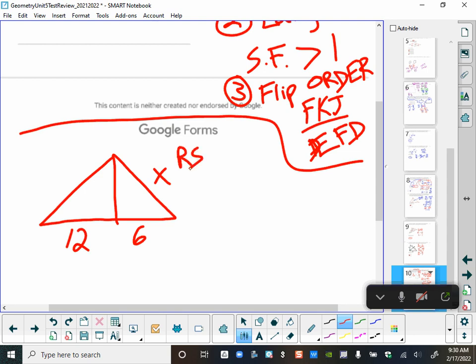Now, how do we set up our first proportion? X over 6. Now, in our other proportion, where's that X going? Top or bottom? Bottom. X is going on that bottom. Now, what number do we put on the top? Very good.